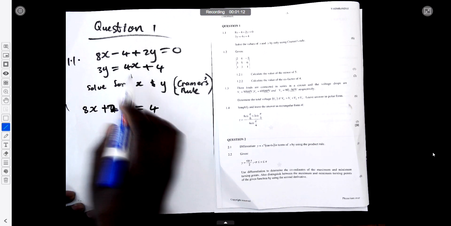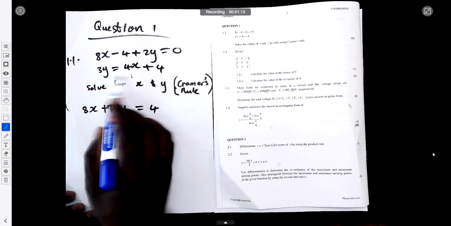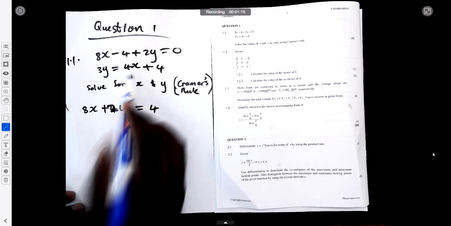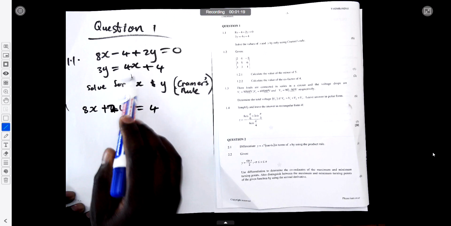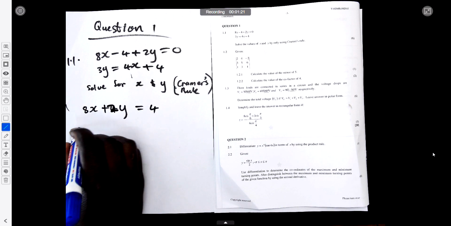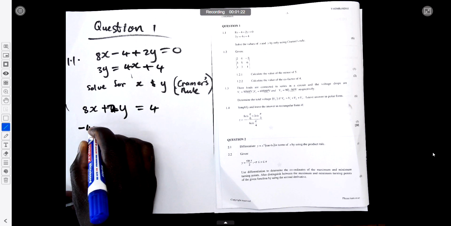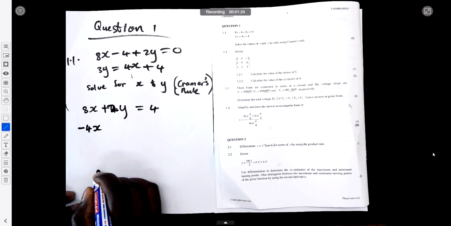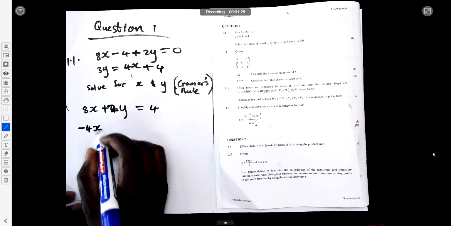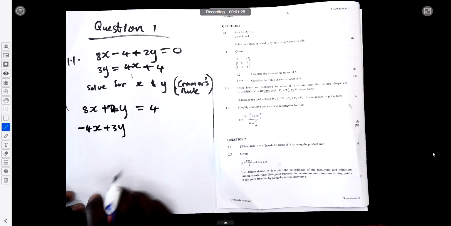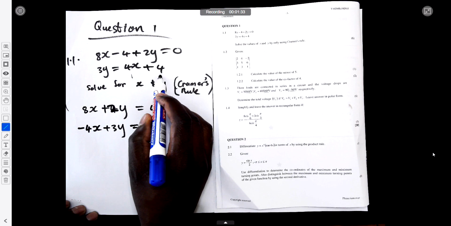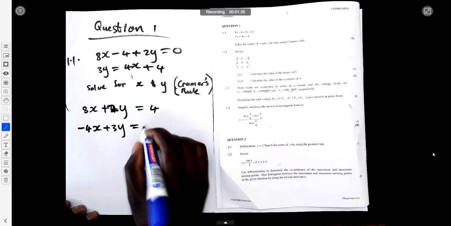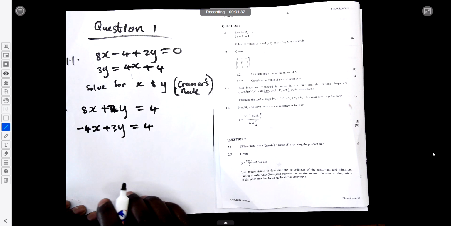Now the second equation: you can either take 3y to the other side and 4 to the other side, or bring variable x to the left hand side. It's going to be negative 4x, 3y is still positive, and then we have the constant 4 on the right hand side.